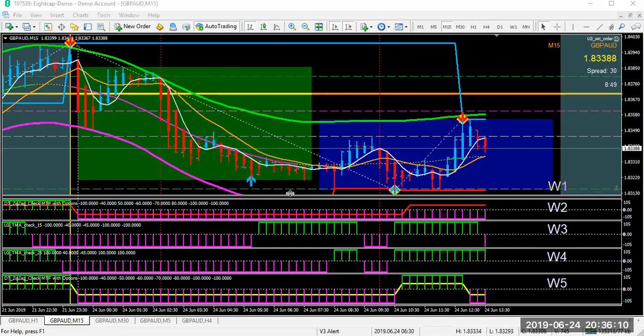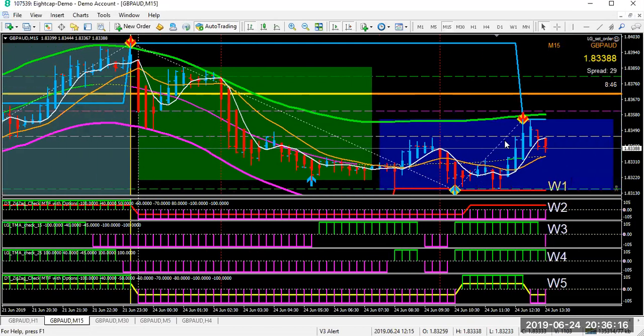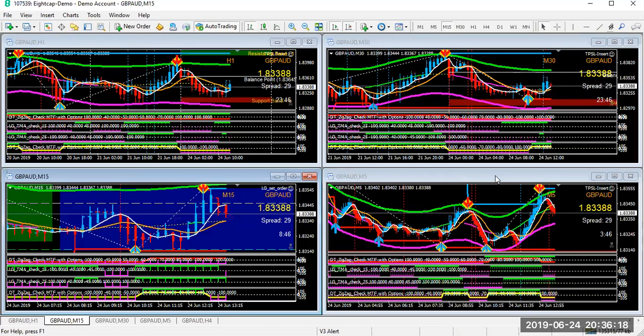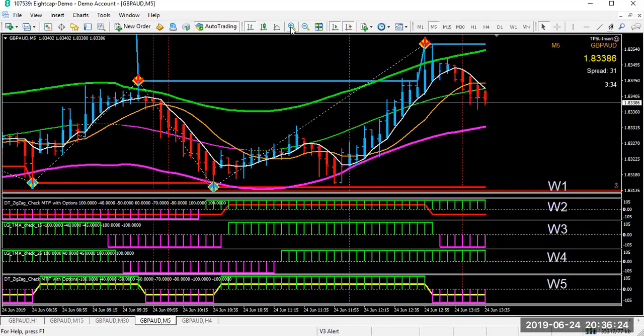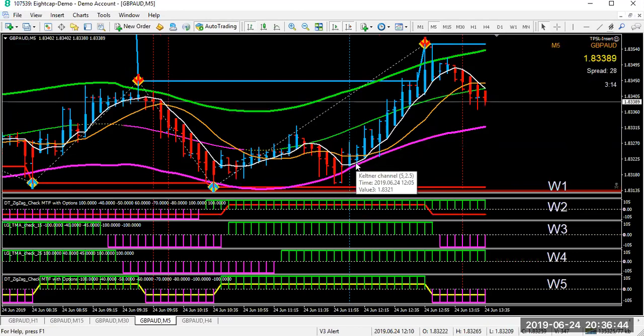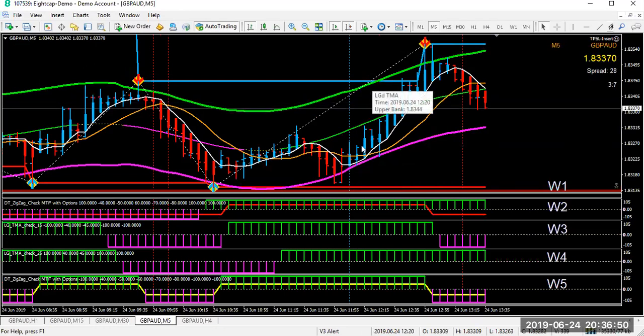So here's our 15-minute chart back there. Once again, you can see the candlestick coming there, vertical line confirmed, and basically price touching and bouncing off the extreme price, moving in an upward direction.